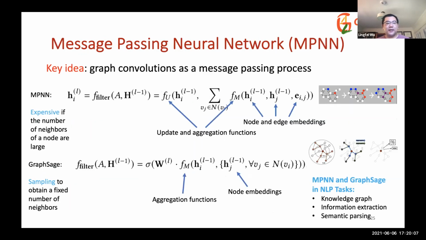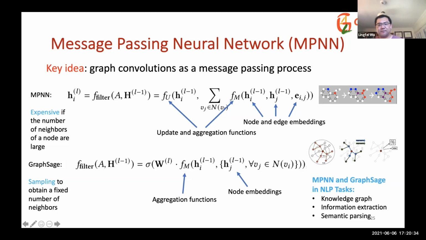So another group is the spatial-based methods. Here we introduce two different methods. The key idea for message passing, or the spatial-based method, is to treat the graph convolution as a message passing process, as shown in this equation. In the first one, MPNN, they essentially define two functions, an aggregation function and an update function.